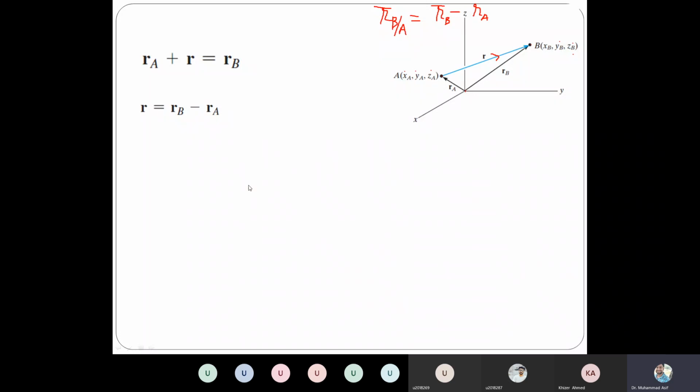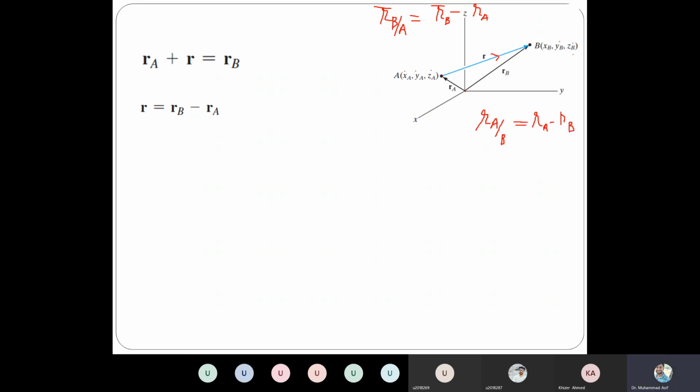Similarly, if I say to calculate the position vector of point A with reference to B, let's figure out the position of point A with reference to point B, then it will be RA minus RB.